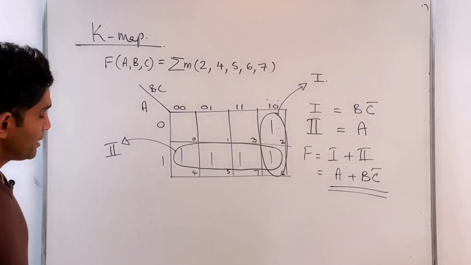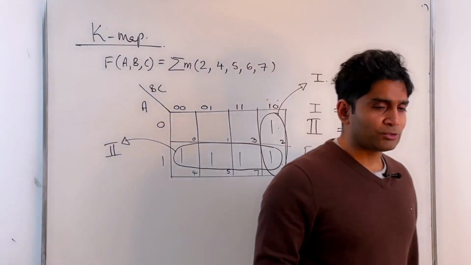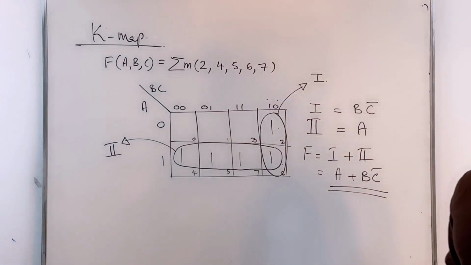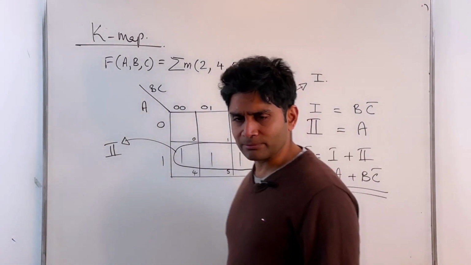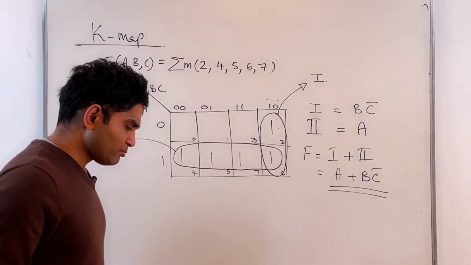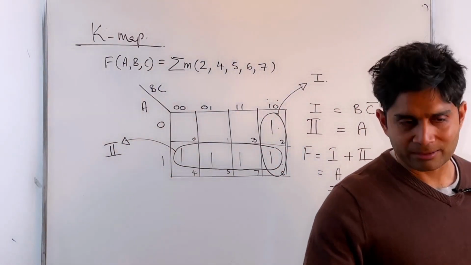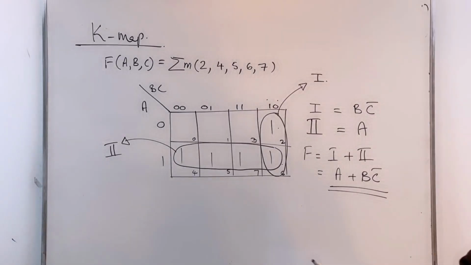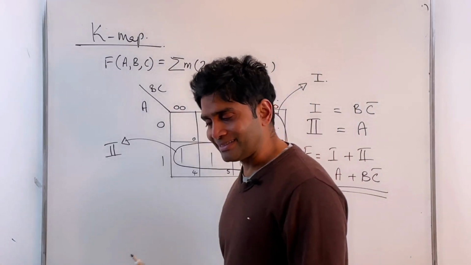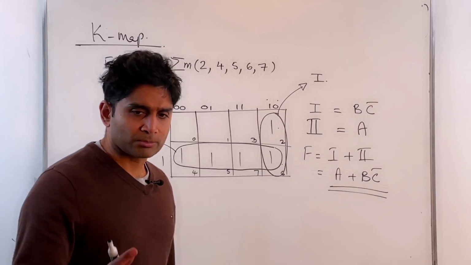You will see that this K-map approach, once you get some practice, once you start doing some problems, will be second nature for you. After some time, it will become more of a mechanical thing. There's nothing to really think about here. Once you get the technique, it's just a matter of doing it the right way, and you'll get it.